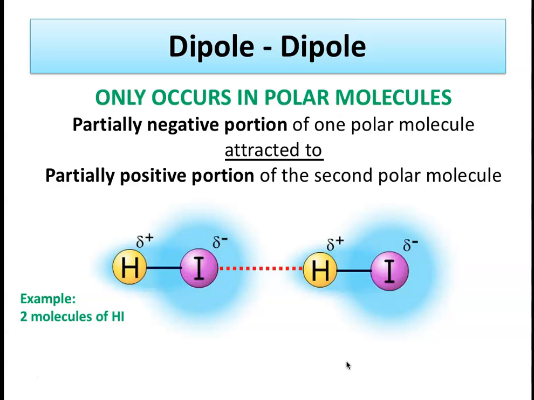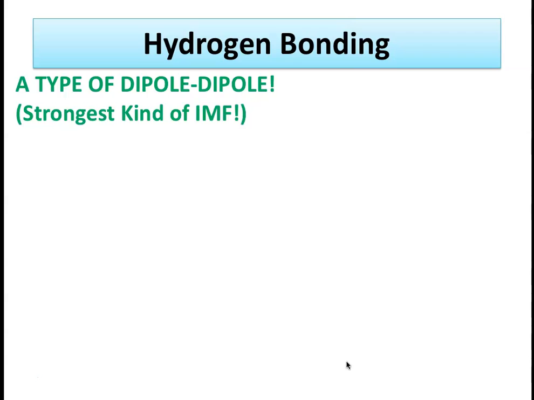Oh, there's our attraction, the red dashed line. Hydrogen bonding. Now, hydrogen bonding is our strongest IMF. But yes, it is also a type of dipole-dipole. So, there's specifics we have to look at.